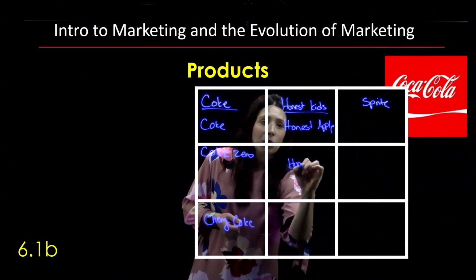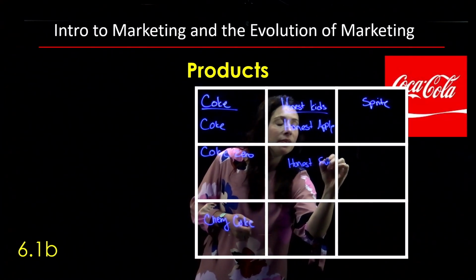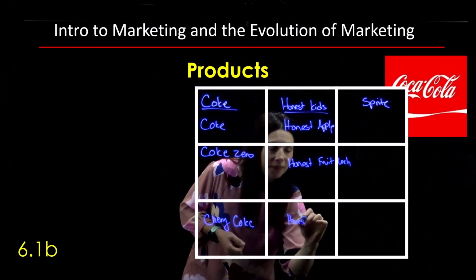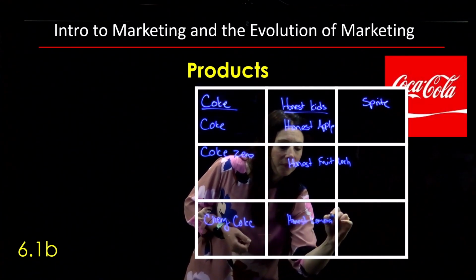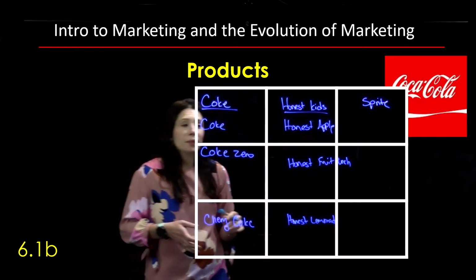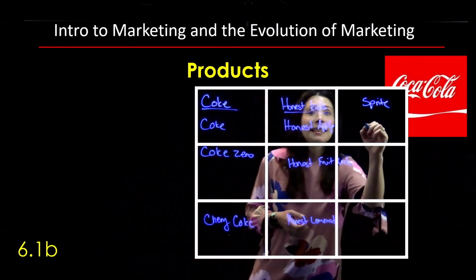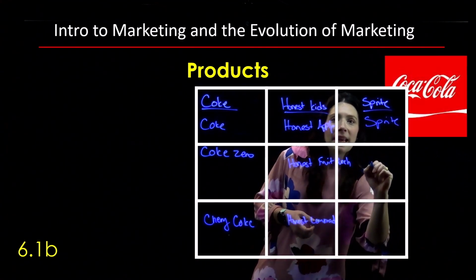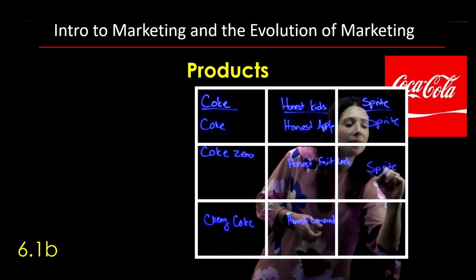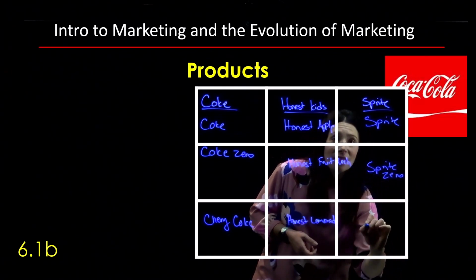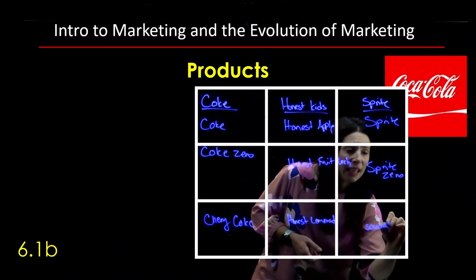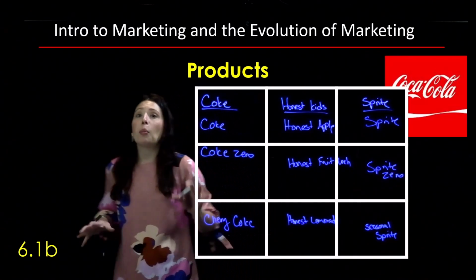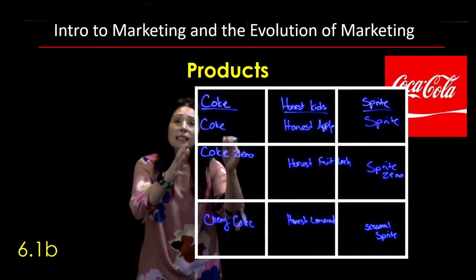It has Honest Fruit Punch, Honest Lemonade, and so much more. And lastly, we have Sprite. And within Sprite, we have Sprite. We have Sprite Zero. And then, of course, all of the seasonal Sprite flavorings. And please keep in mind that I'm not including all product items within this overall product matrix. I'm just giving you a basic list, and this list would go on.